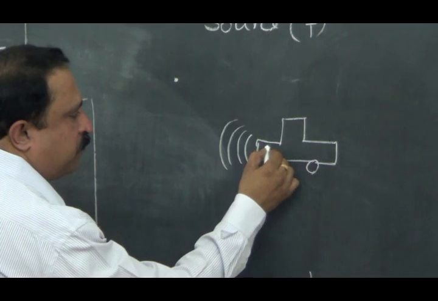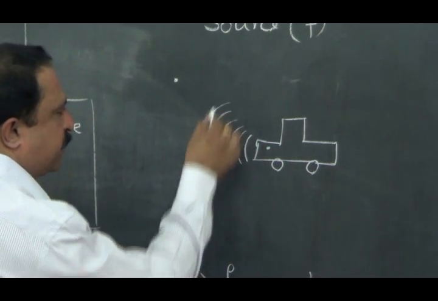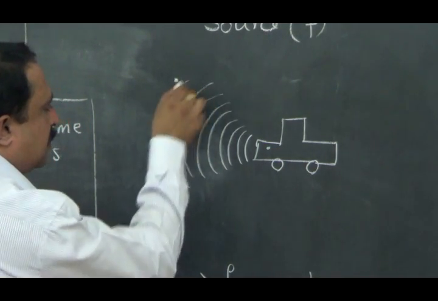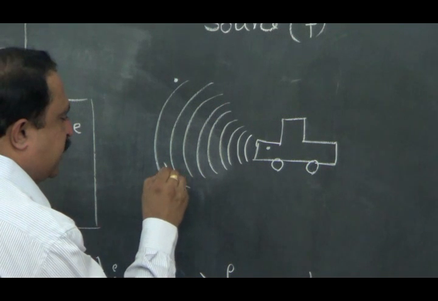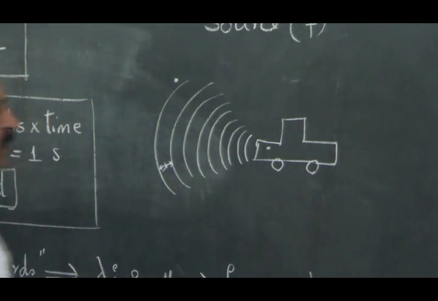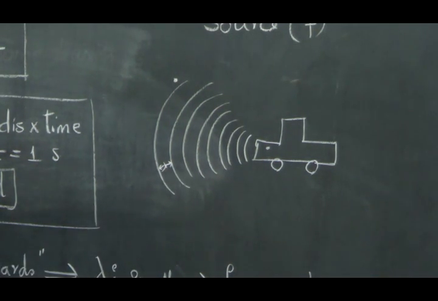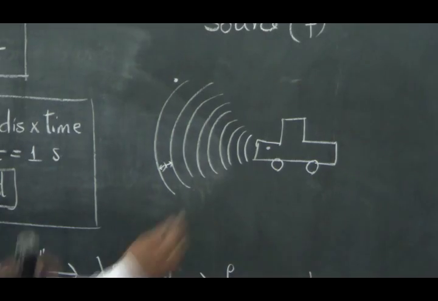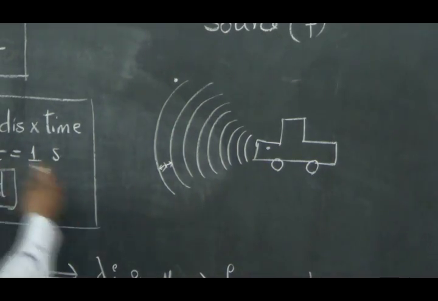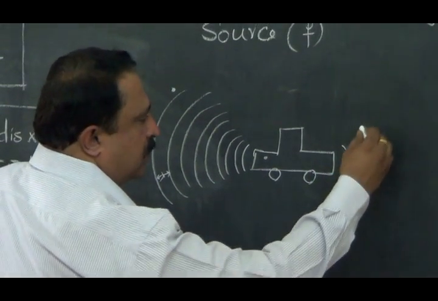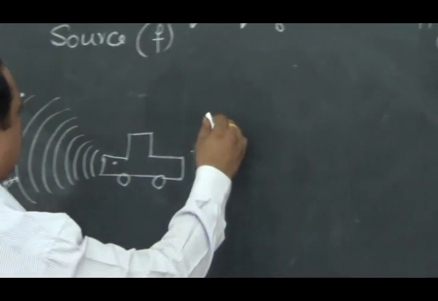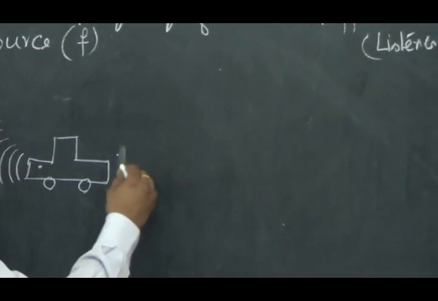Now the car has blown the horn. Look, each one of them is a wave, and the distance between each wave, the wavelength, is lambda. Now you see lambda is small here, so frequency is large. Now the car as it passes you, the waves will be like this.